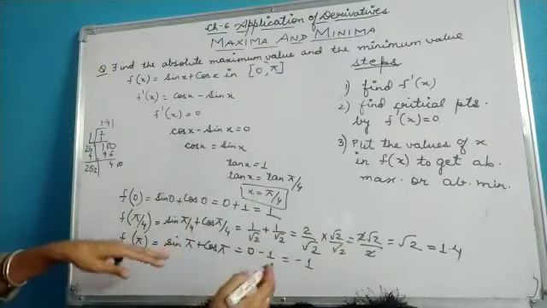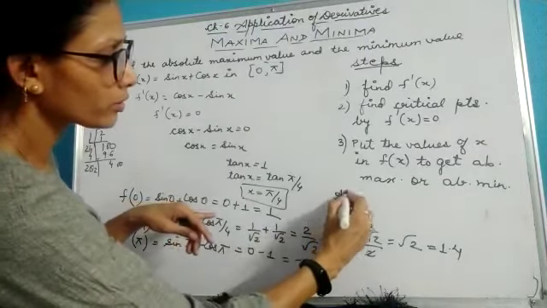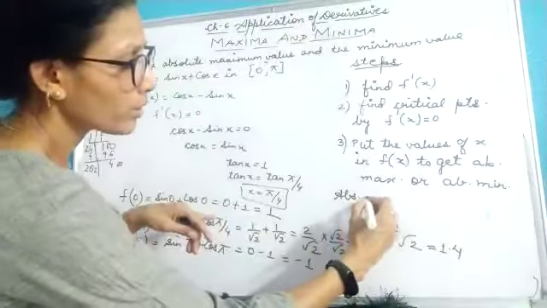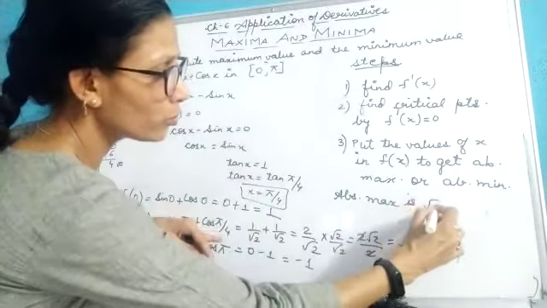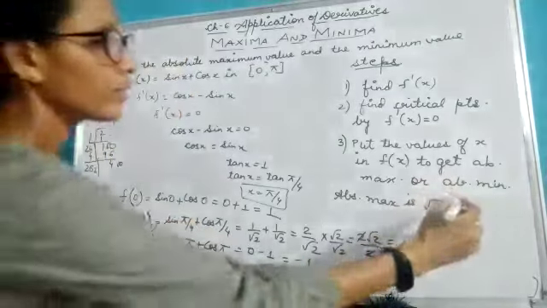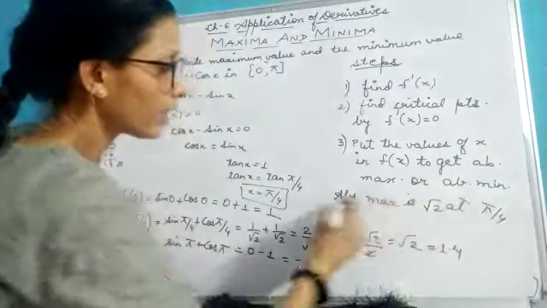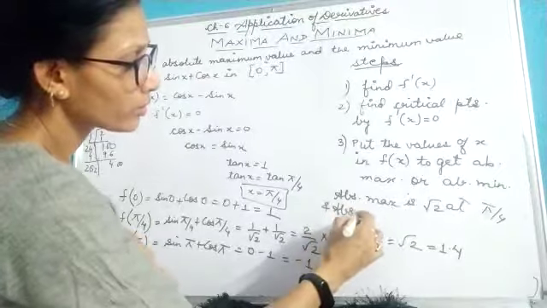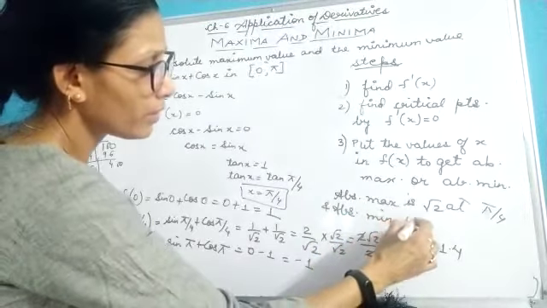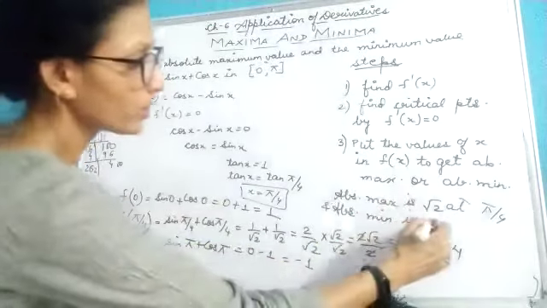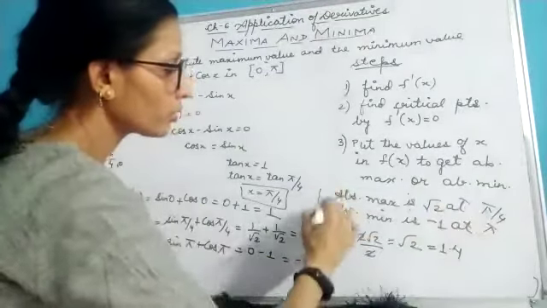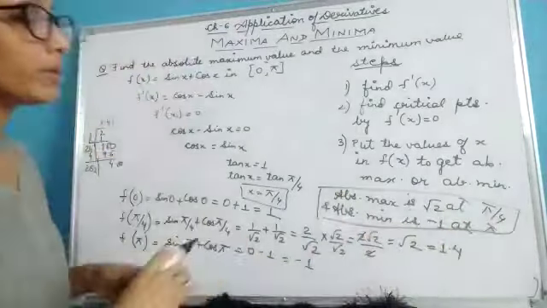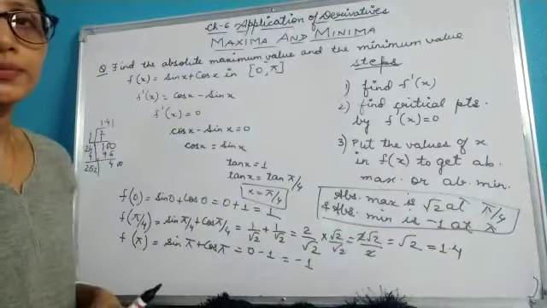So I can say the absolute maximum is root 2 at pi by 4, and the absolute minimum value is minus 1 at pi. So these are the absolute minimum and maximum values.